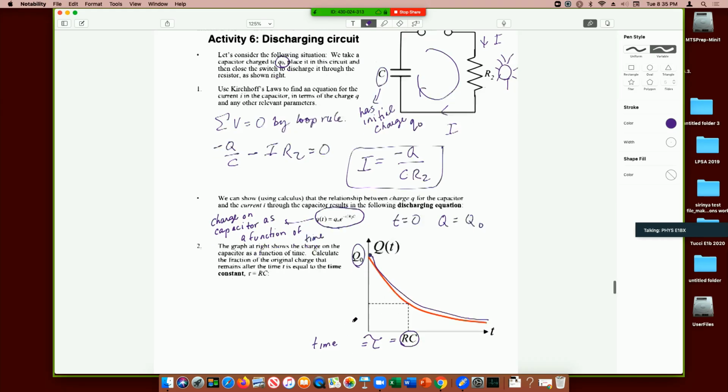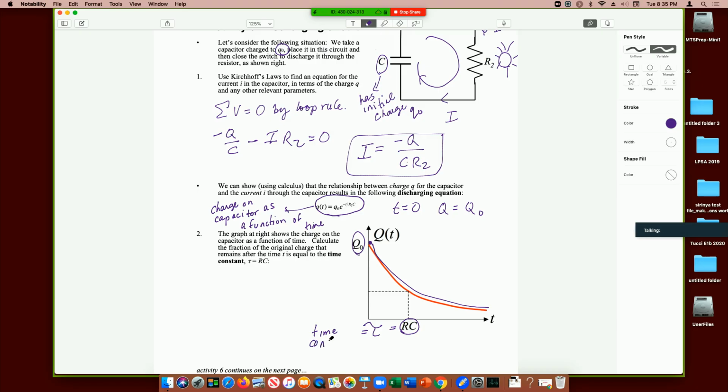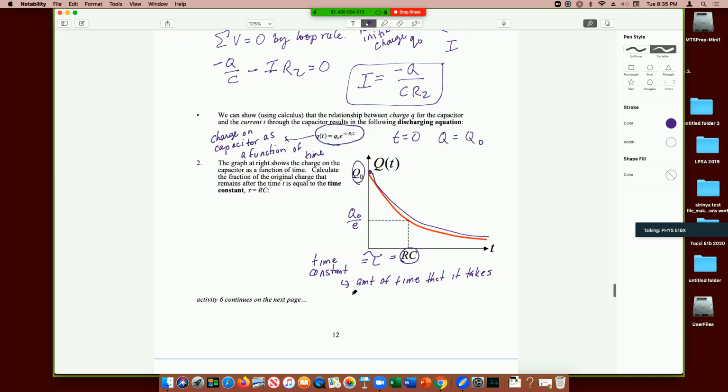It's the amount of time that it takes for the capacitor to discharge to Q naught over e, e being the natural log number.